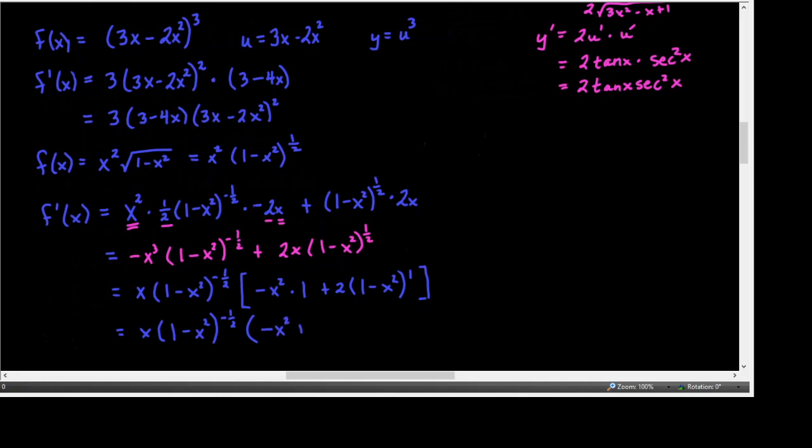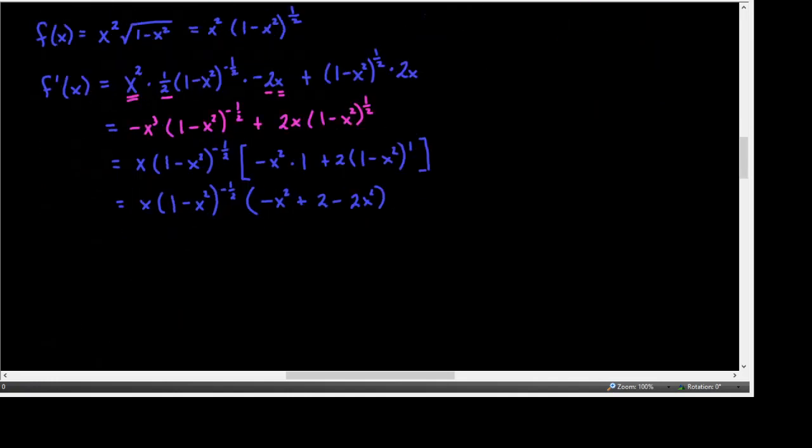Then if I distribute that 2, I'll get a 2 minus 2x squared. Then I would say we should probably collect like terms inside of the last set of parentheses so that it is completely simplified. So that's going to be 2 minus 3x squared.